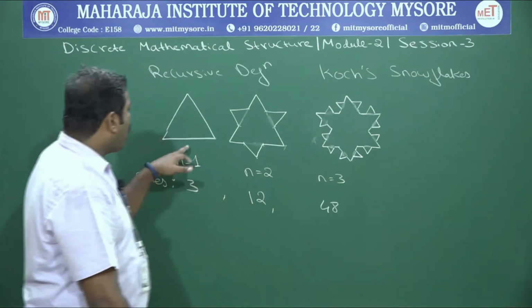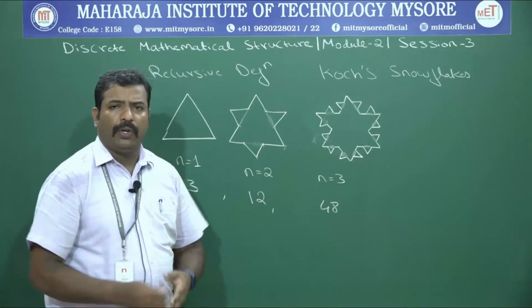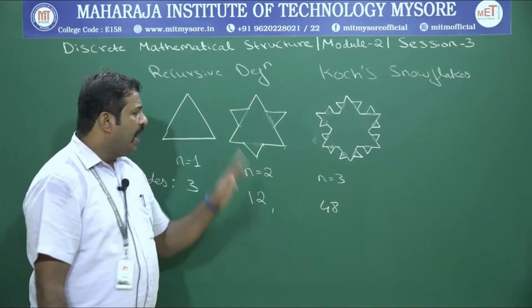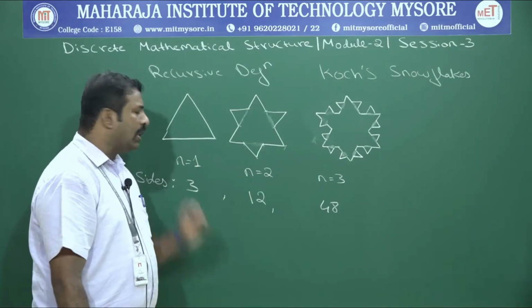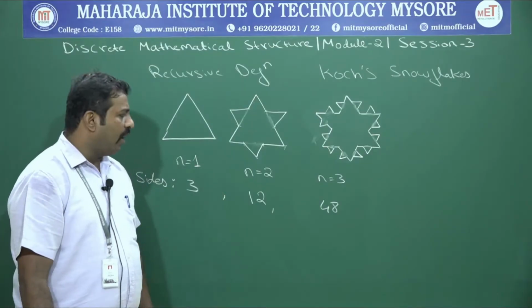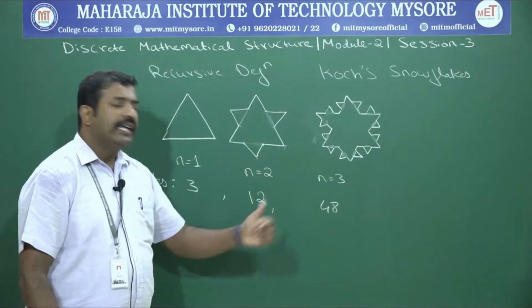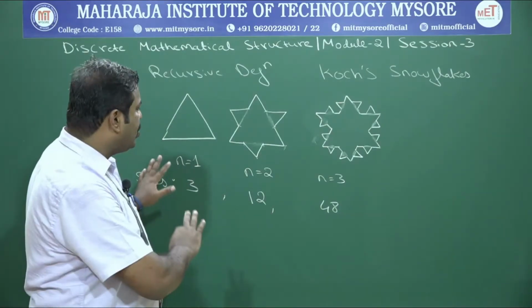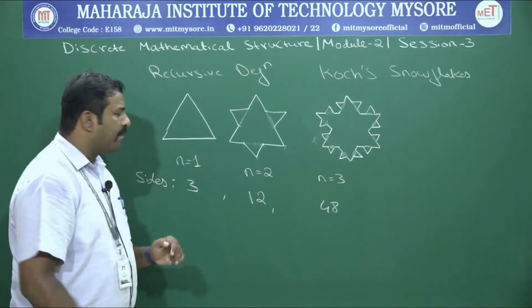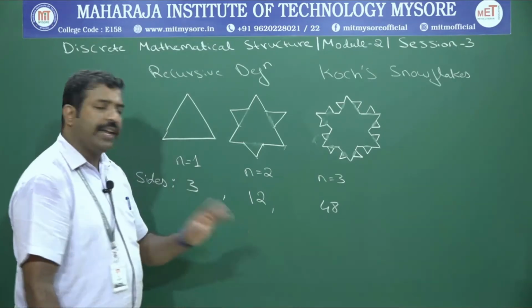Now, I also want to know how many equilateral triangles I am going to have in this particular case. When n equals 1, there is going to be one equilateral triangle. Or if I want to know how many line segments each is going to contain, let me generalize this for the number of line segments, then we'll go into the number of equilateral triangles at every iteration.